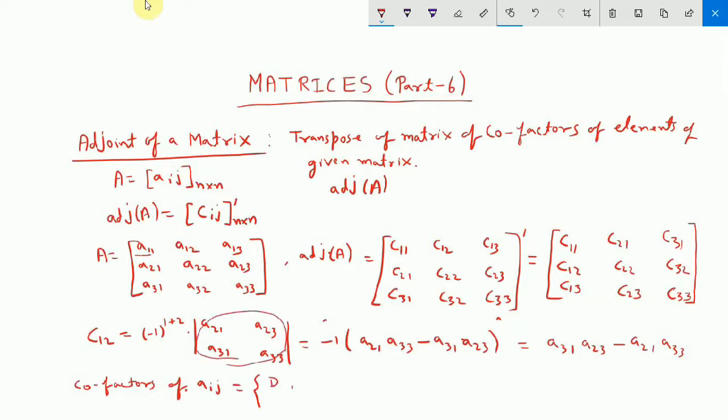So it is D if i plus j is an even integer, and minus D if i plus j is an odd integer.